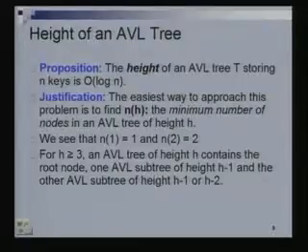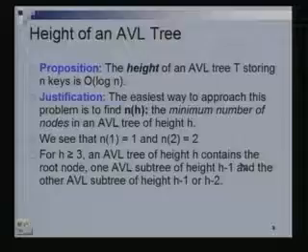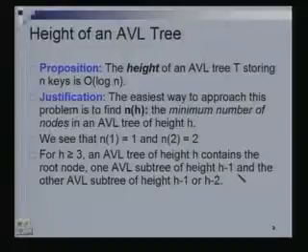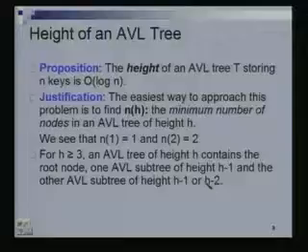Can someone tell me? Well, it has height h, so its children can have height only h minus 1, not more than h minus 1. The subtrees can have a difference of at most 1. So if one of them is h minus 1, the other one can only be h minus 2 or h minus 1.